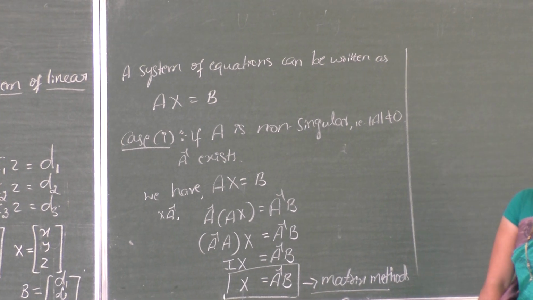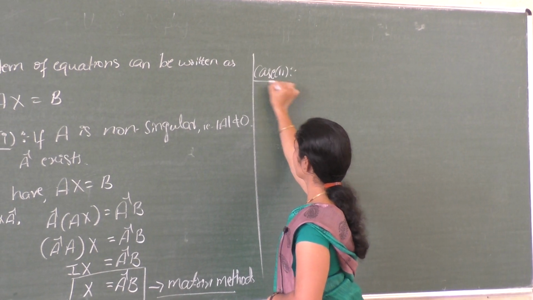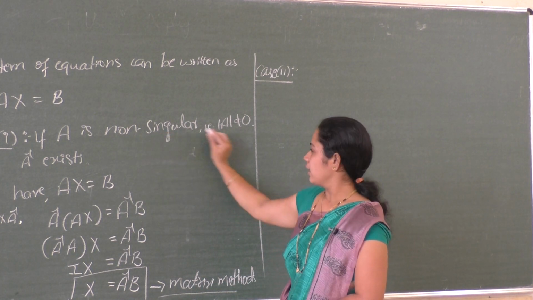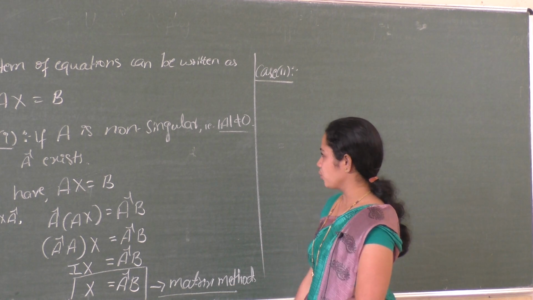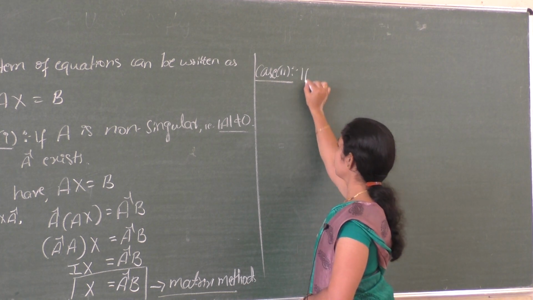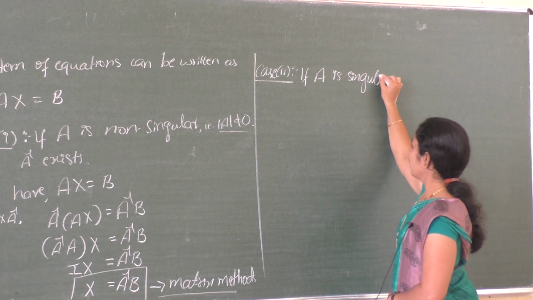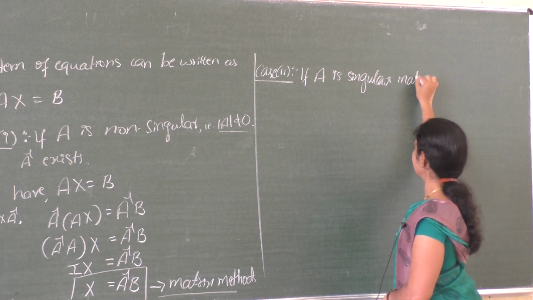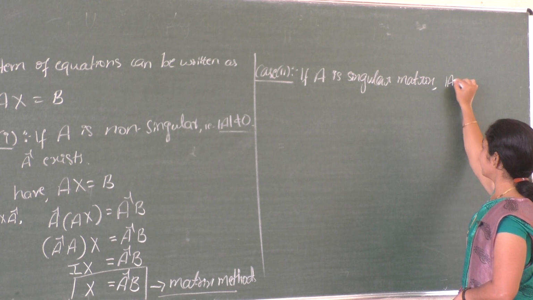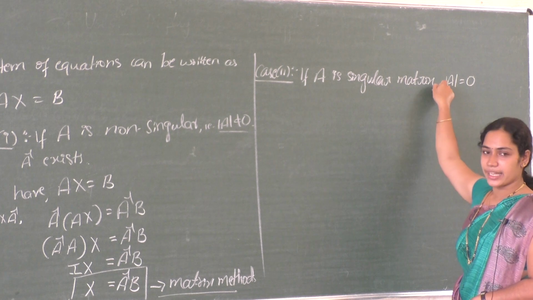Now second case, case 2. Here first case, if A is non-singular, that means determinant is not 0, A inverse exists. Here if A is singular matrix, determinant of A is equal to 0.